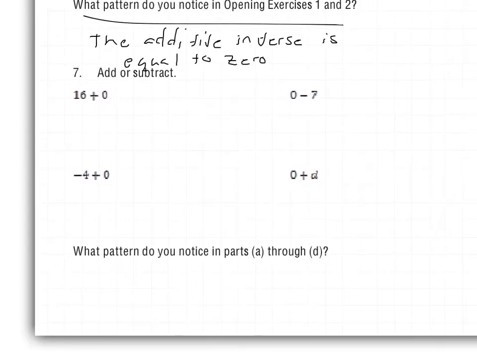Alright, go ahead and add all of these together in this step here. Change this one to add the opposite. Negative 4 plus 0. And D. So what do we recognize with all these? Well, these are all adding 0.